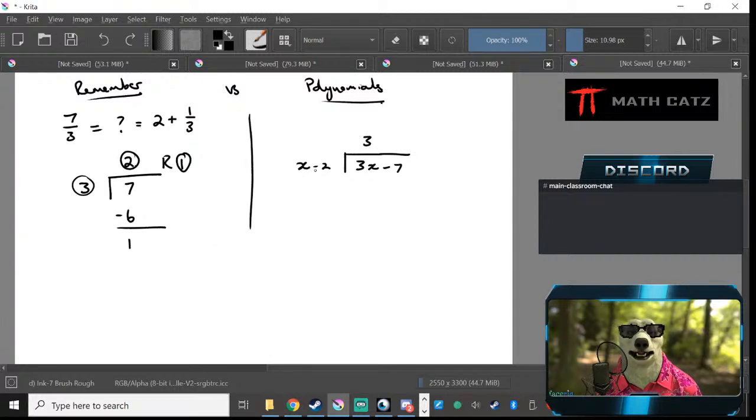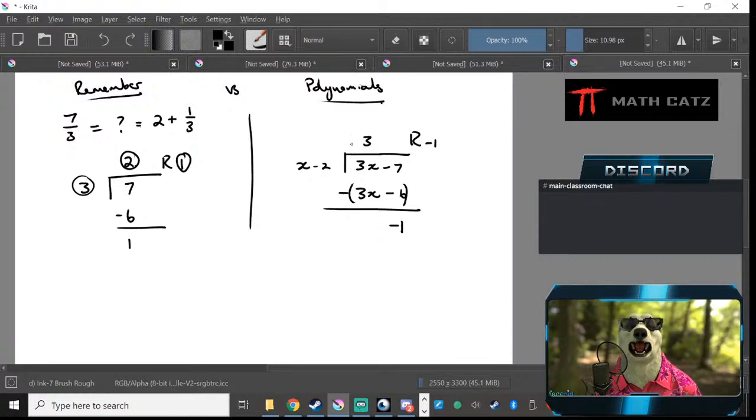So 3 times x is 3x. 3 times negative 2 is negative 6. This is what I've used so far, and I need to take it away, all of it. By design, the x terms will cancel. 3x minus 3x. Negative 7 plus 6 is negative 1. I can't fit x anymore in. The degree of this negative 1 is lower than the degree of the x. That's my remainder.